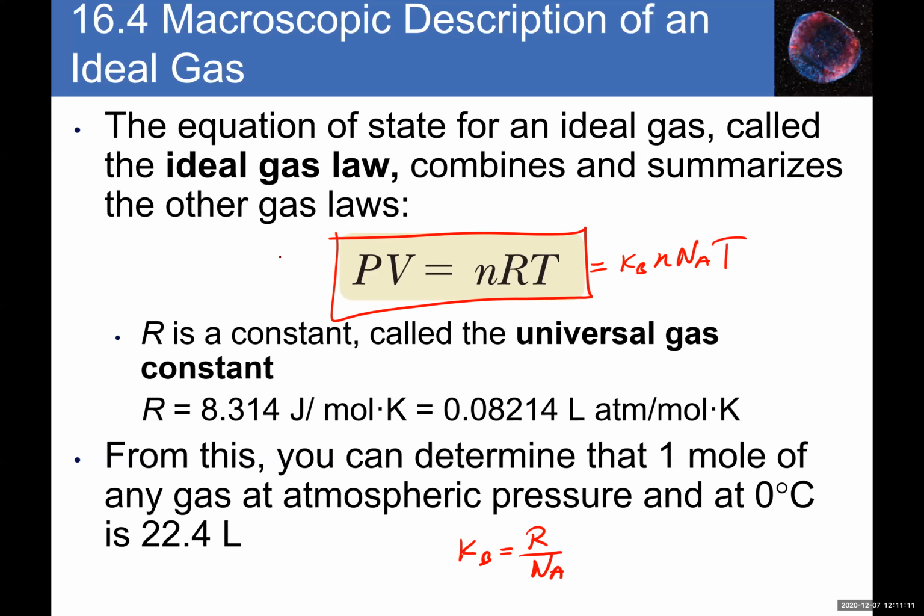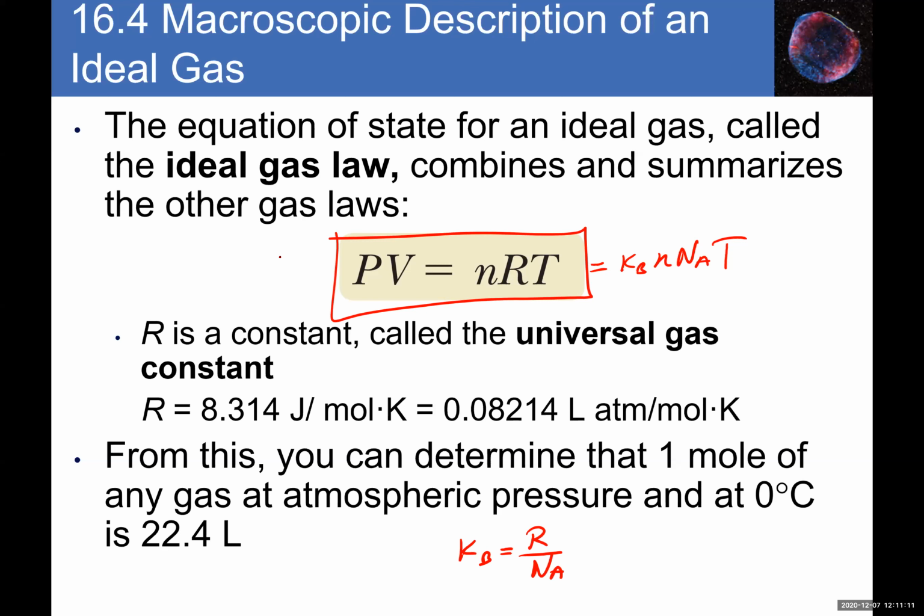You can see the difference here is that on the left side of this equation, if the pressure is newtons per square meter, then times volume, which is cubic meters, if I cancel those, I end up with newtons times meters, which is nothing but joules. That's where this joules is coming from.